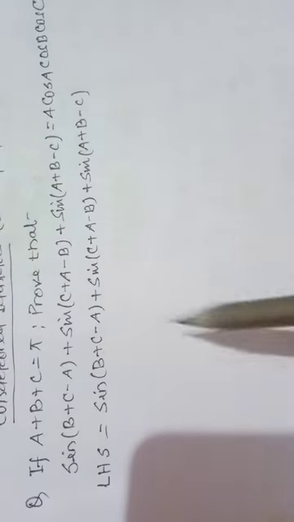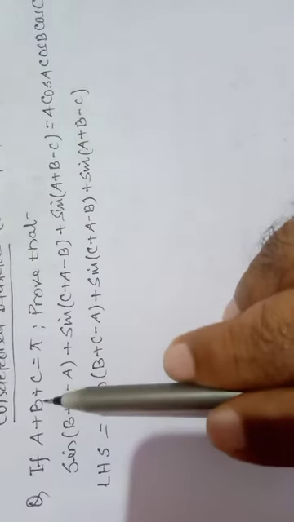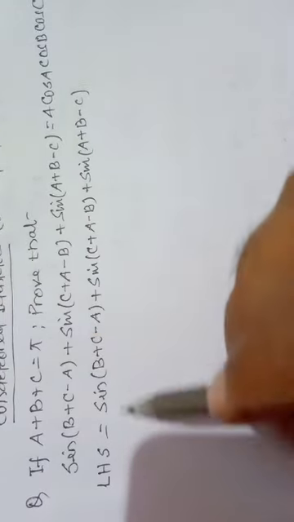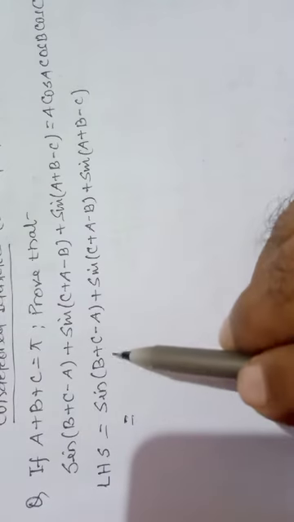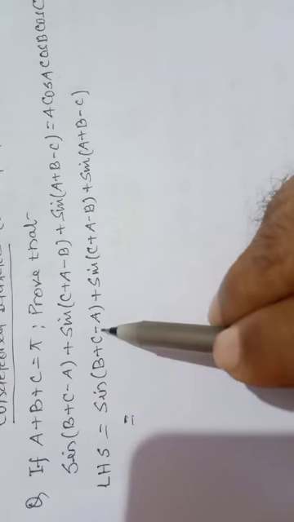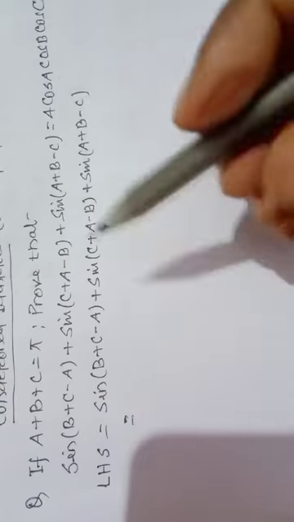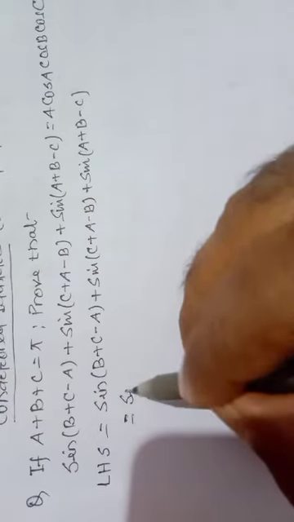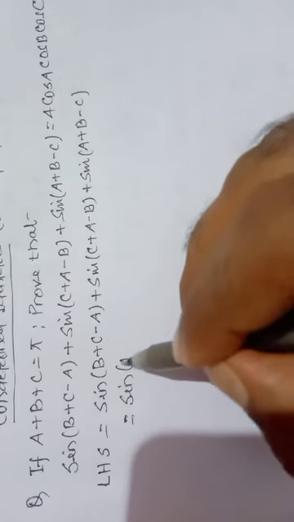What is given? A plus B plus C is equal to pi. Then B plus C is pi minus A, and minus A is already there, so it should be written as pi minus 2A.